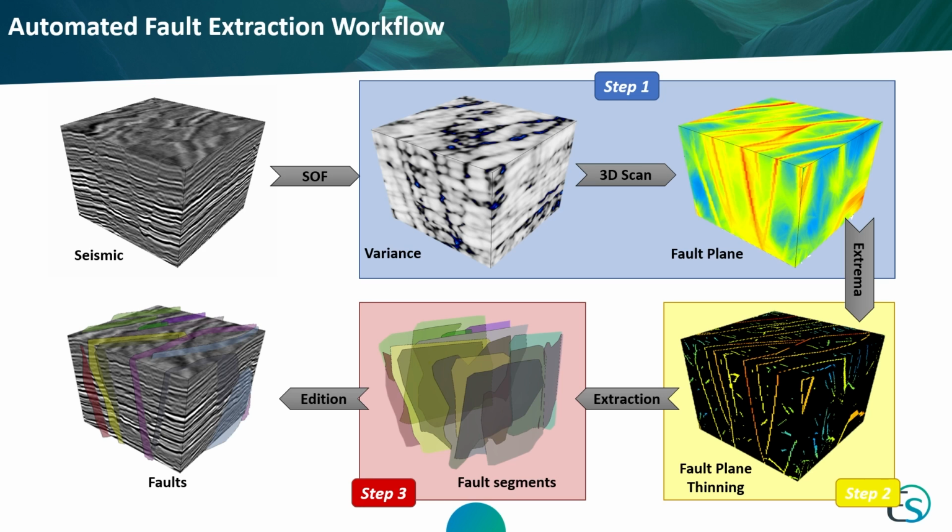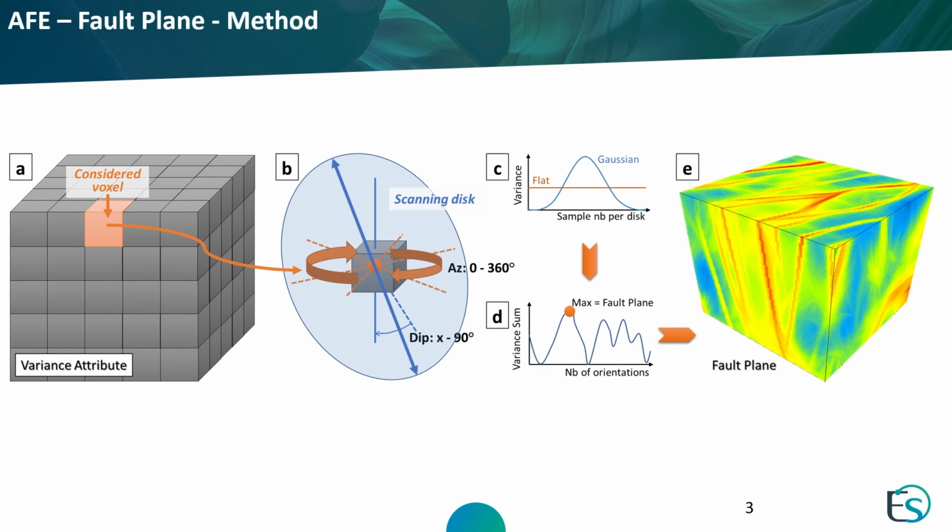Let's take a more in-depth look at each of these steps and give you a little bit of information on what the software is actually doing. So for the fault plane cube, the software is going to take the entire seismic cube and start reading your seismic volume at the first voxel, the first sample, and the first trace.